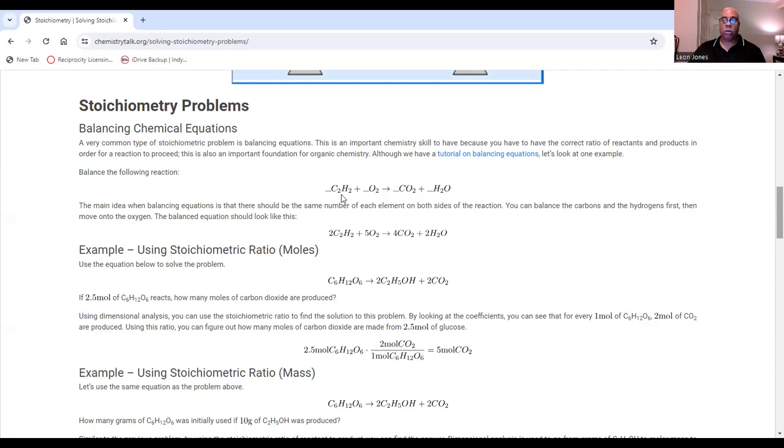It's going to give me 4. And this is going to be 4. Why? Because, okay, we're going to have 4 carbons here. So we're going to have 4 carbons here. Now, when you deal with multiplying coefficients, you have to be very, very careful.